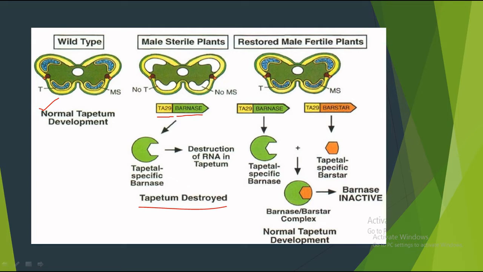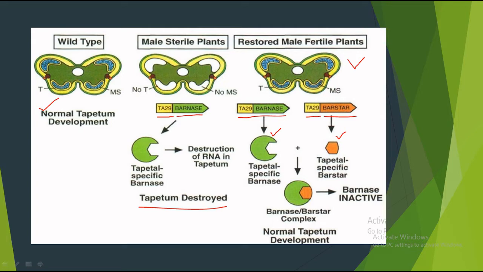Now come to this line. This is the male fertile plant, the R line. So here both genes are present: TA29-Barnase, and here also the same promoter has been used, TA29, with the Barstar gene. So when both are expressing in a plant, the product of the Barnase gene, this green colored product, and this product of Barstar are formed, and then the Barnase-Barstar complex will form.